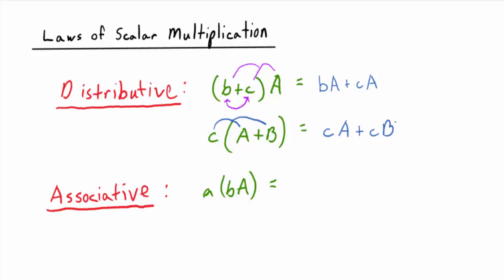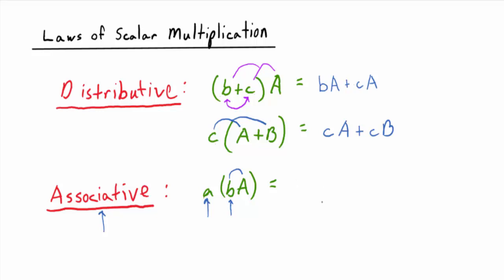The associative property: if you have a scalar and another scalar, but you first take that scalar and scalar multiply it times the matrix, and then multiply on the left by a. So b times a is a matrix, right? Then you do another scalar multiplication, a times that matrix, b times a. What is that going to be the same as? We're calling this the associative law.